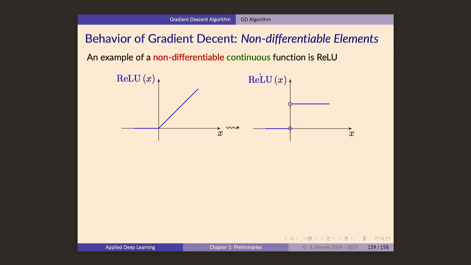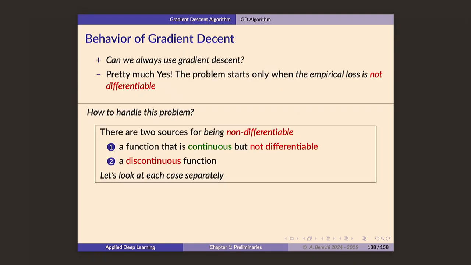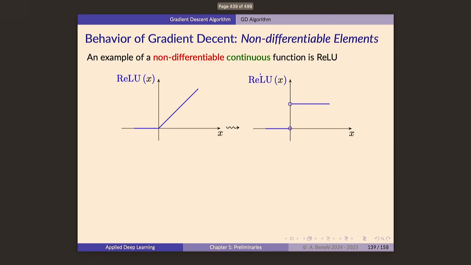But for the first one, the non-differentiable one, we can usually handle it easily. Instead of the gradient itself, we can use something that we call a subgradient. And what does that mean? Looking at this ReLU function, if I am somewhere at the negative values of x, what is the derivative?